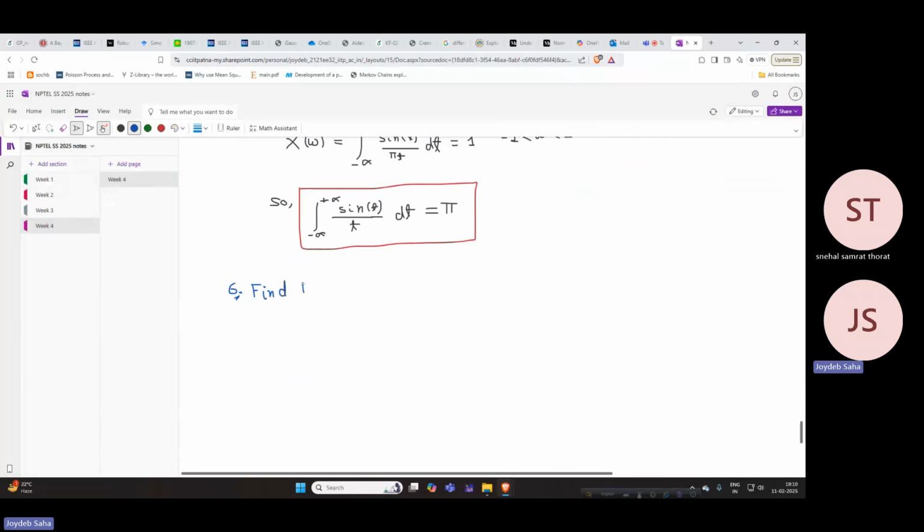Find Fourier transform of. Okay, the question is a little different. The Fourier transform is given.